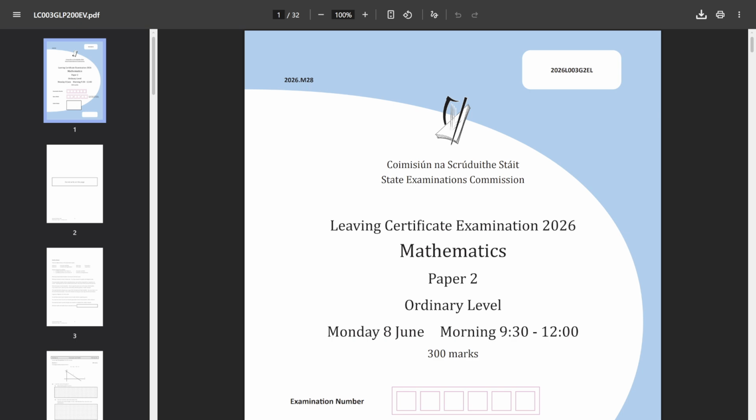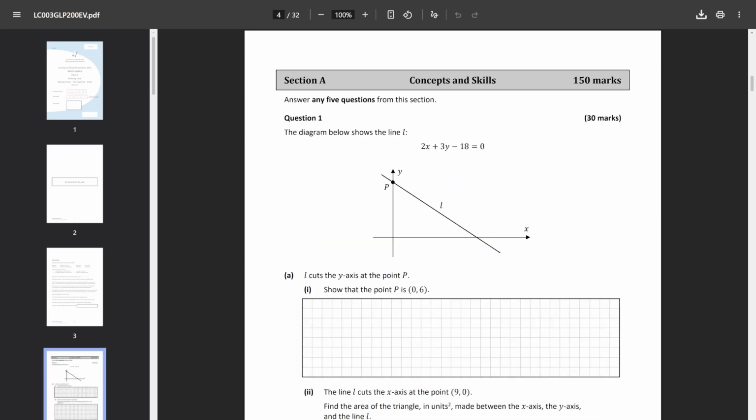So I wouldn't recommend looking at the solutions. I do know students are desperate, but coming from an actual teacher rather than just someone who's a little bit good at mathematics, I wouldn't recommend it. That's why I tend to do them after all the results come out. So let's go through the questions.